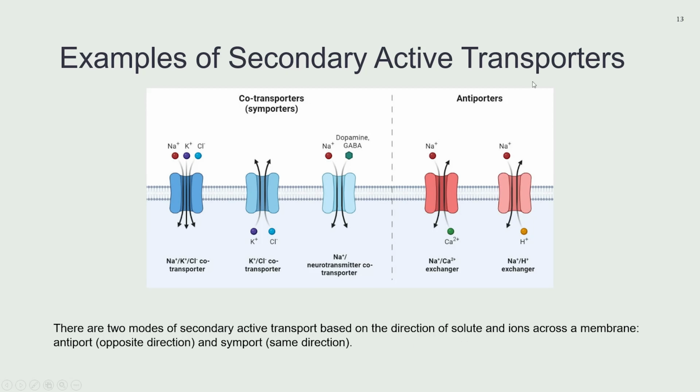Now on the left side you have some co-transporters or symporters. There is one that is called the sodium-potassium-chloride co-transporter. There are medications to block that. That co-transporter is in the kidney as well. If we block that transporter, what is going to end up in the urine?